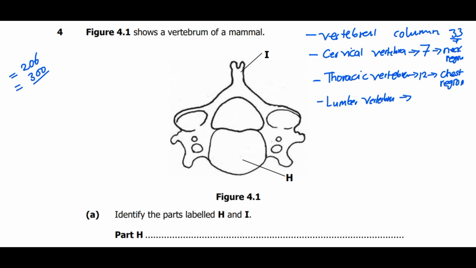Five in number. They are found on the abdominal region. Then from there we have the sacral.